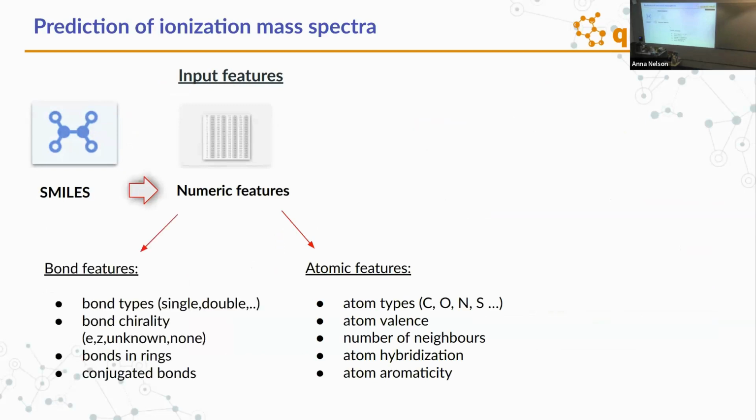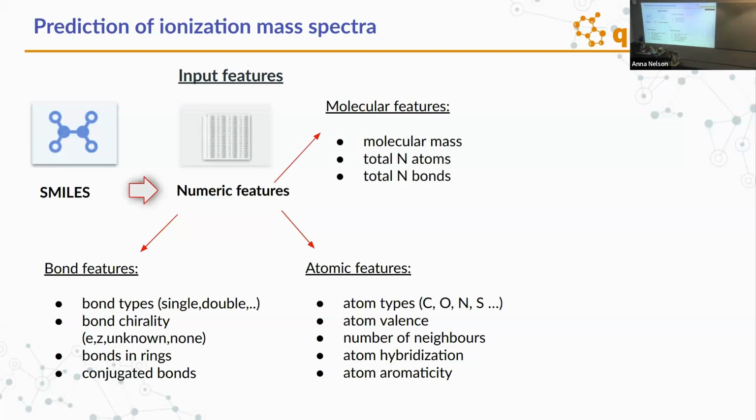And besides that, we can extract features that describe the bonds within the molecule, like bond types (single, double, triple bonds), whether the bond belongs to a ring, whether the bonds are conjugated, and things like that. Also, as inputs for our machine learning model, we can use general features describing the molecules, like molecular mass, the total number of atoms, the total number of bonds, and so on.